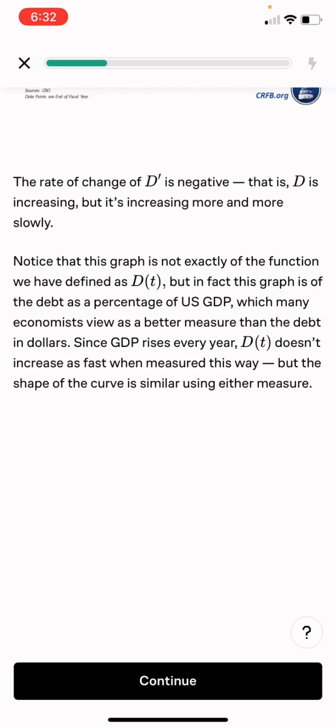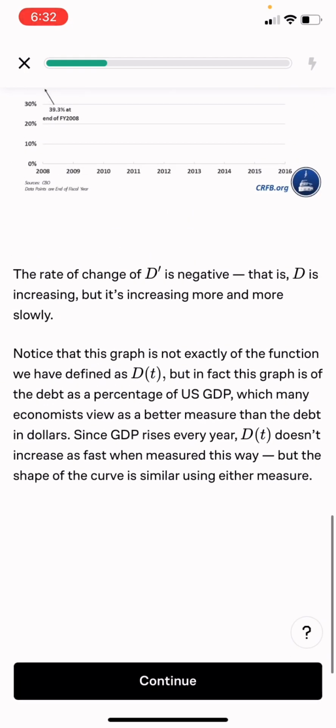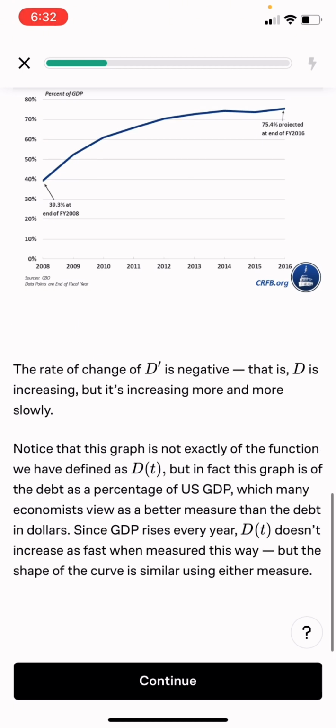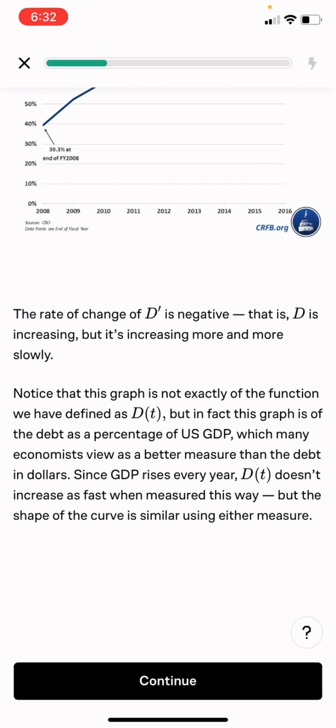I'll make sure I take a picture of it. The rate of change D'' is negative. That is, D is increasing, or debt is increasing, but it's increasing more and more slowly.